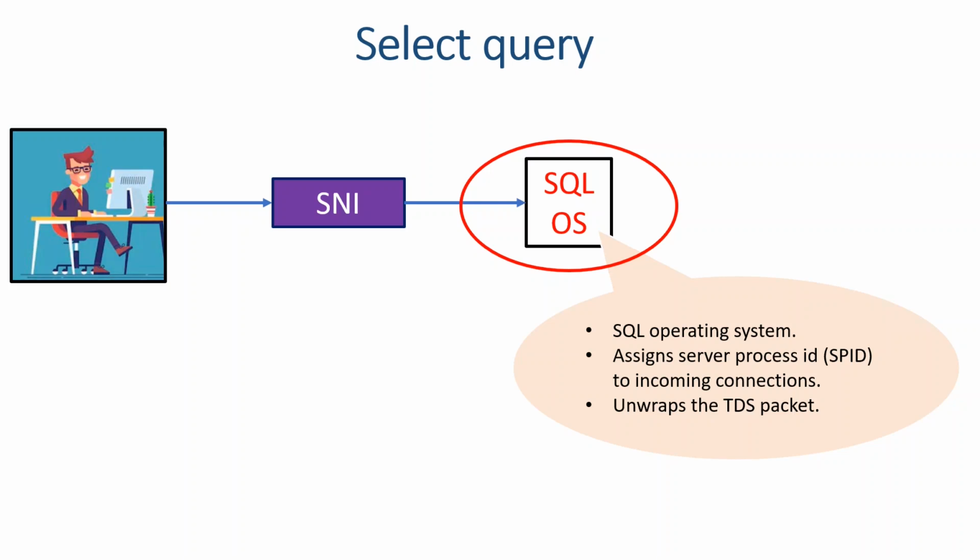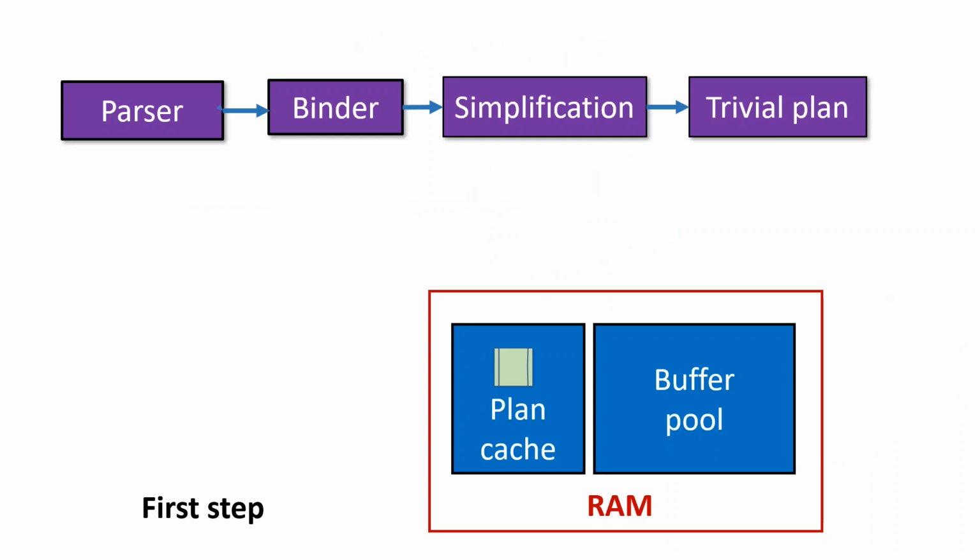Those SPIDs are the active connections made to the SQL Server. Once the SPID is assigned, the tabular data stream packet at the SQL operating system is unwrapped at this phase, and that particular query is identified as the SQL query, and it is sent to the first step inside the relational engine, which is the parser.